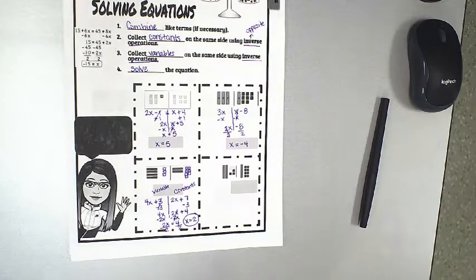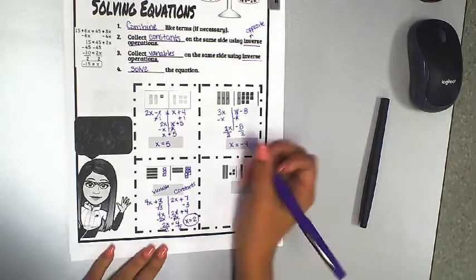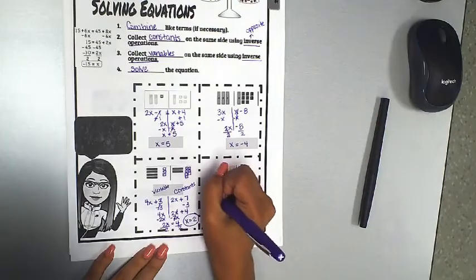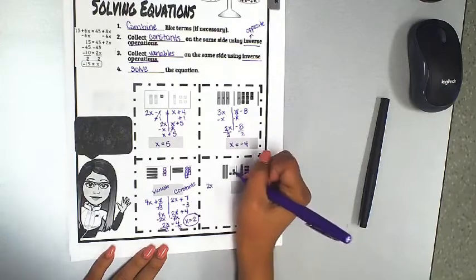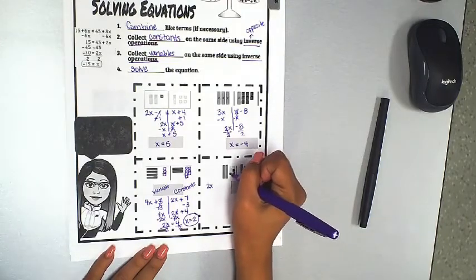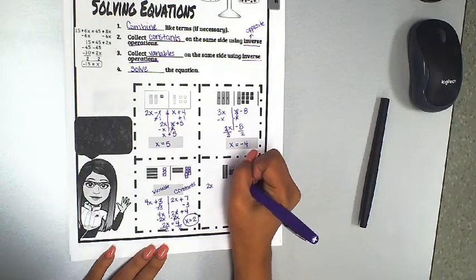Alright, my last one. I have 2 x's, and they're green. And then I have 3 red squares. We're going to ignore these.